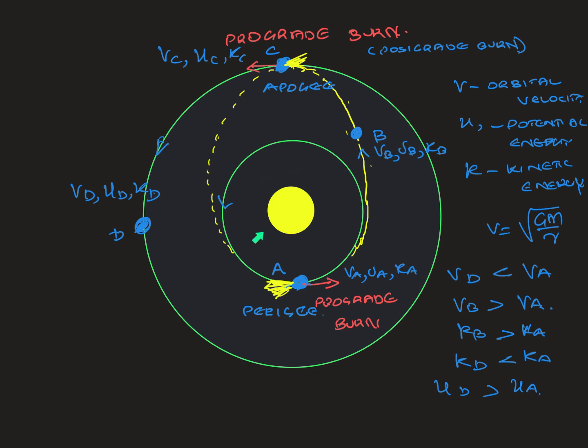It ends up in a smaller circle. So that's called a retrograde burn. A retrograde burn is to slow down the satellite and bring it to a low orbit. So if we have a satellite at a high orbit and we want to bring it to a low orbit, we use a retrograde burn.